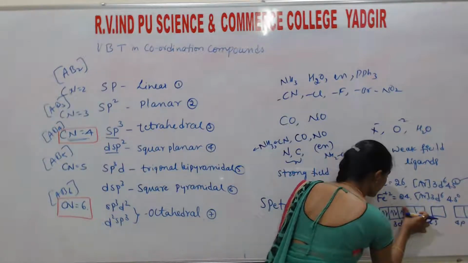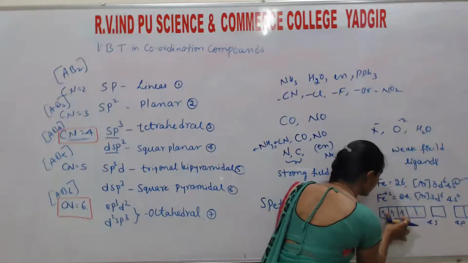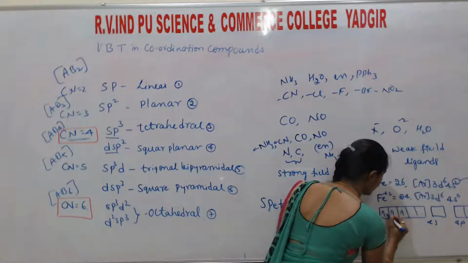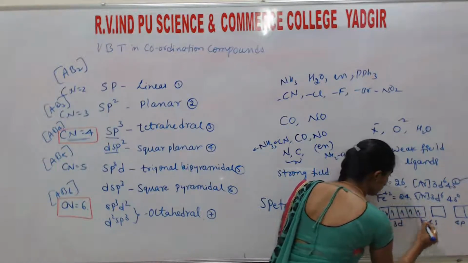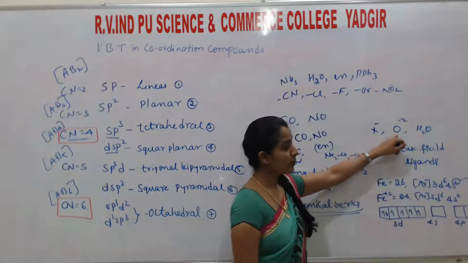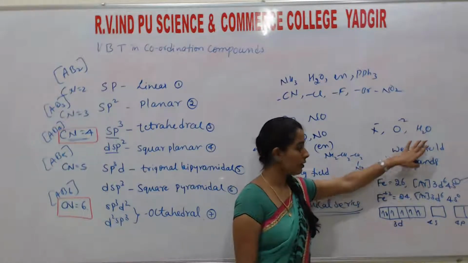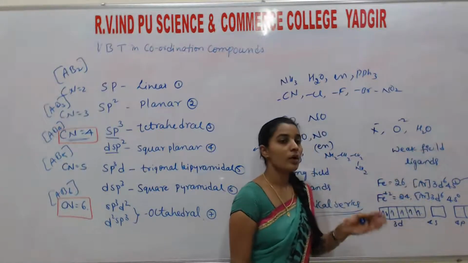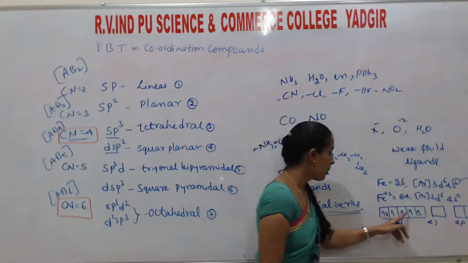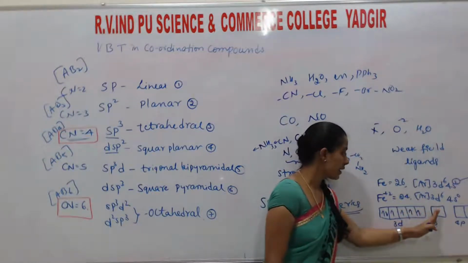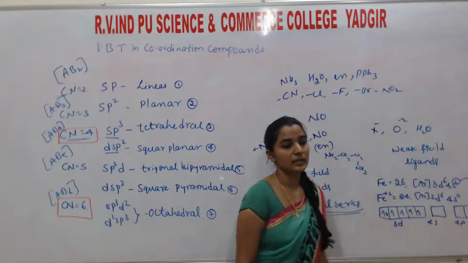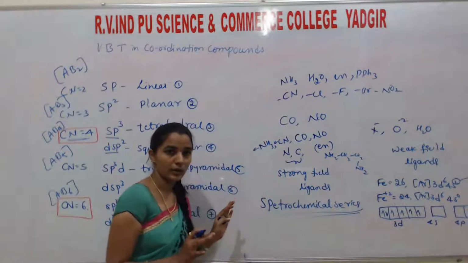Okay, next. If any ligand is bonded through halogen or oxygen or a water molecule, then they are weak field ligands. So then pairing up doesn't take place. The next empty orbital is considered as a vacant orbital. Understand?